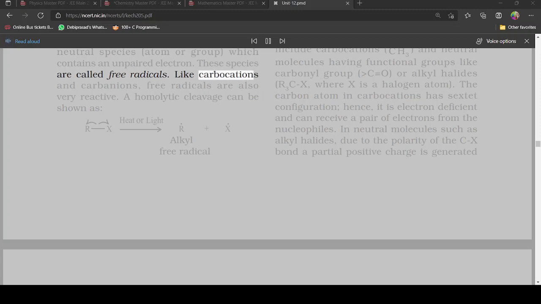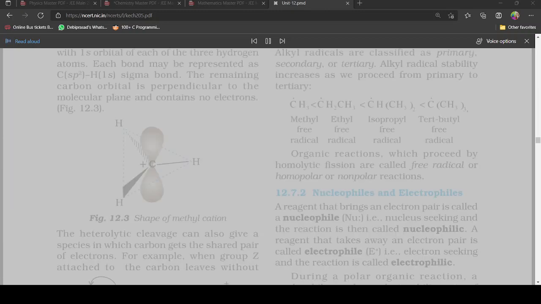Like carbocations and carbanions, free radicals are also very reactive. A homolytic cleavage can be shown as alkyl free radical. Alkyl radicals are classified as primary, secondary, or tertiary.